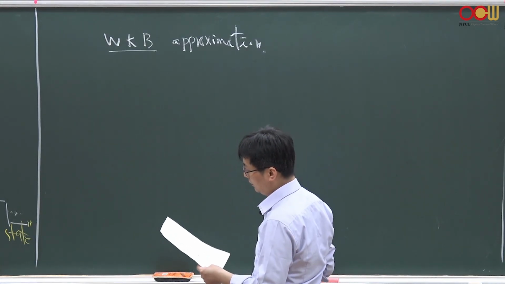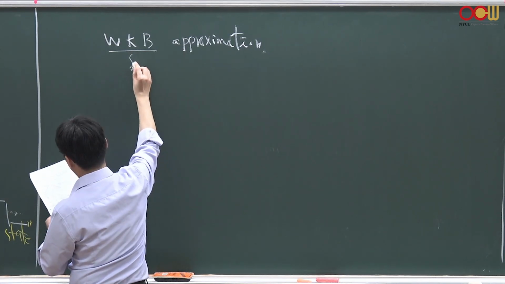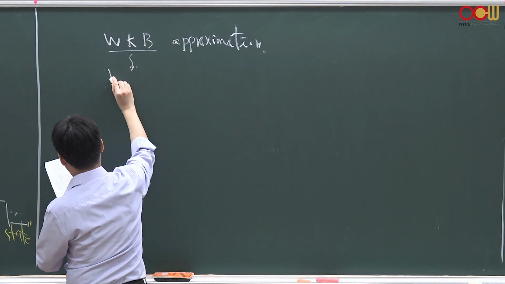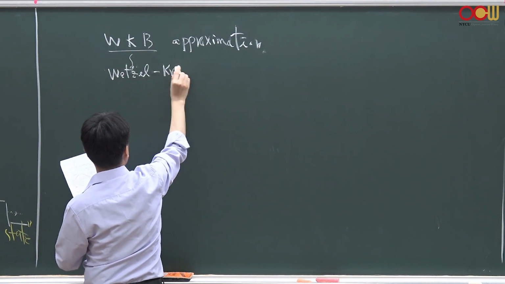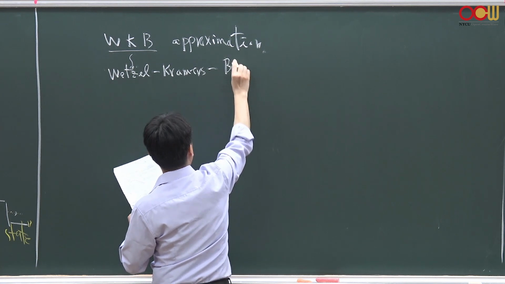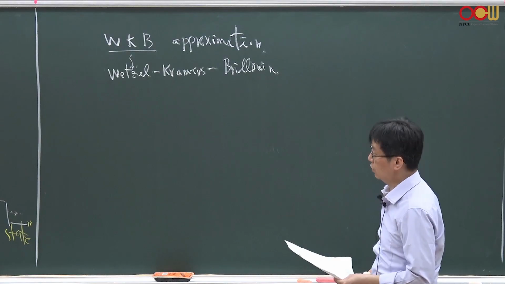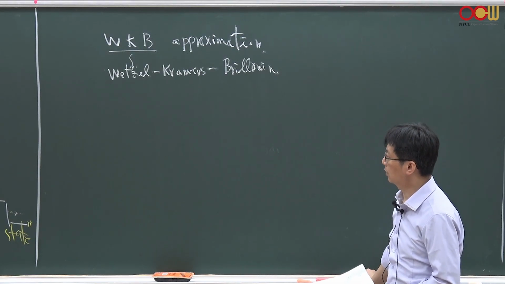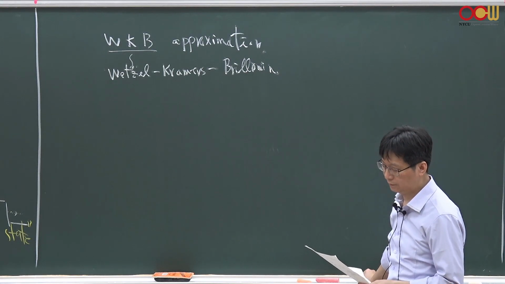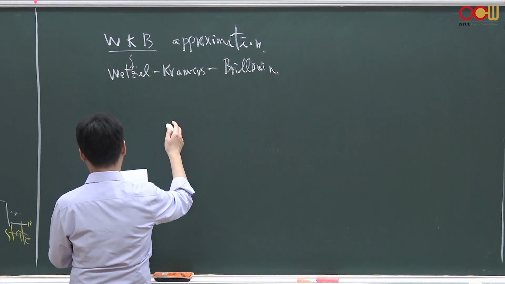WKB stands for the three physicists Wentzel, Kramers, and Brillouin. They tried to simplify the solution of the tunneling barrier problem and developed this approximated form called the WKB approximation.